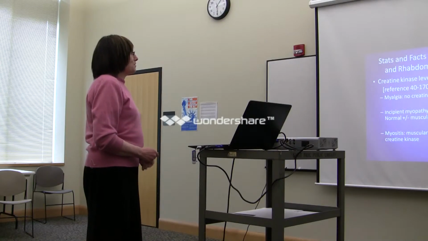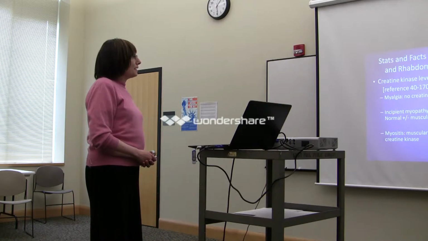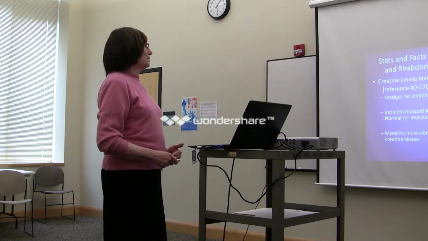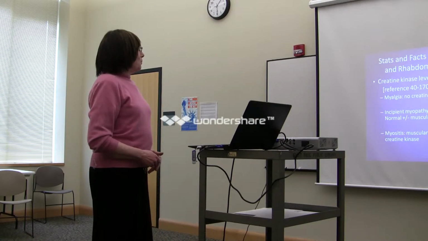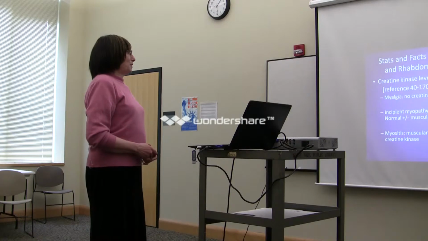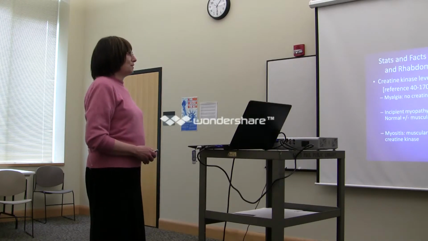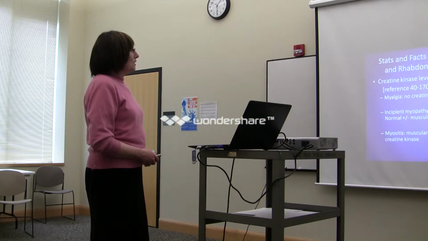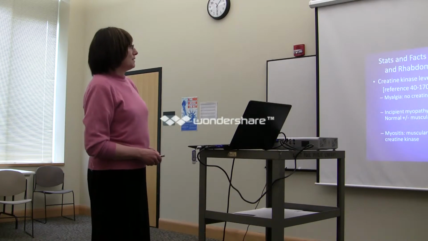And a few stats and facts on statin myopathy. In myopathy that is just myalgia, you don't see creatine kinase elevation. But in incipient myopathy, where they're on their way to myositis, you can see muscular symptoms or no muscular symptoms, but you would see 3 times the upper limit of normal of the creatine kinase.